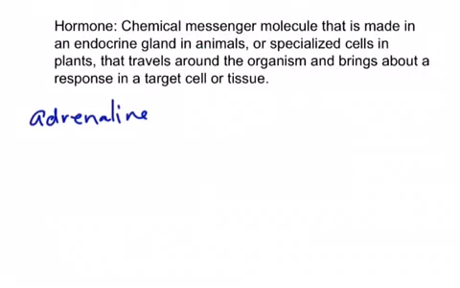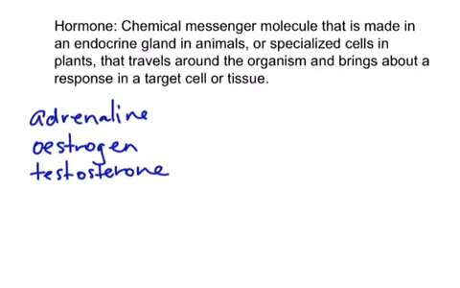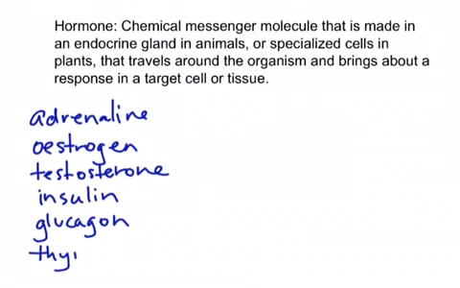There are hormones such as the reproductive hormones like estrogen and testosterone. There are the blood sugar controlling hormones like insulin and glucagon. There is a very important hormone called thyroxine, which controls how quickly you make energy in the body.